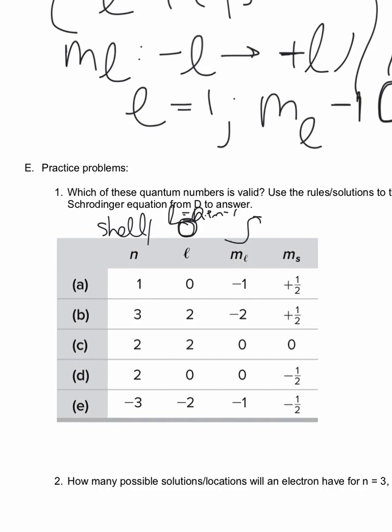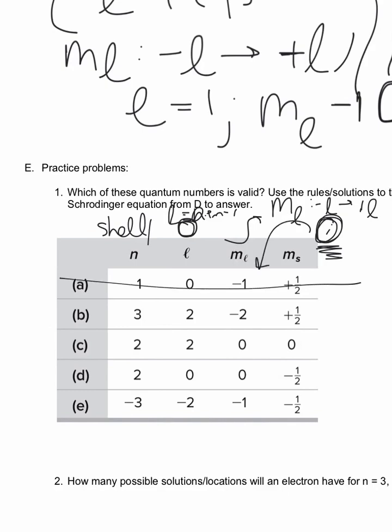So for shell 1 with L equals 0, our M sub L has to go from minus L to positive L. Again, we only have a value of 0 for our L, so the only allowed value of M sub L is 0. In this case, we have an M sub L of minus 1, so A is not a valid option. In the pre-assignment, you'll look at B through D and decide whether or not they're valid.